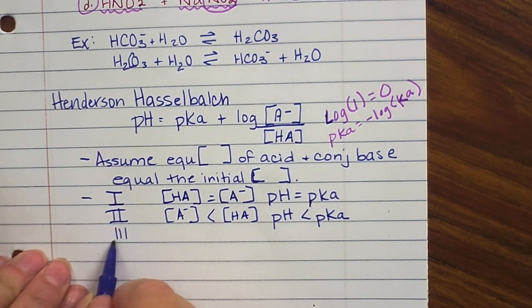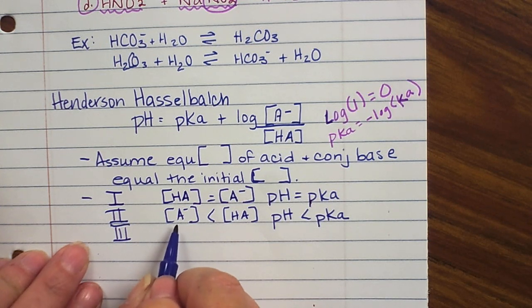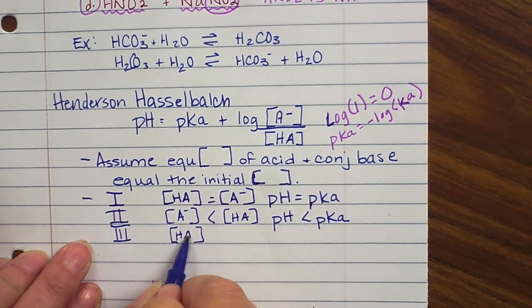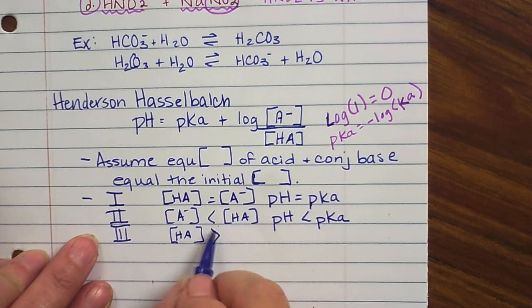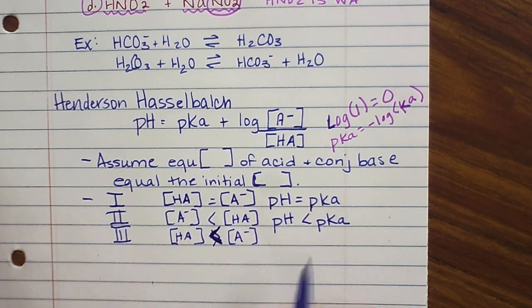If the concentration of your HA is less than the concentration of your A minus, then your ratio is over 1.